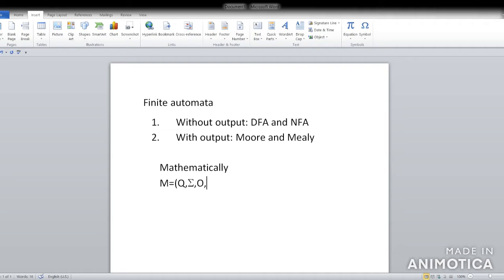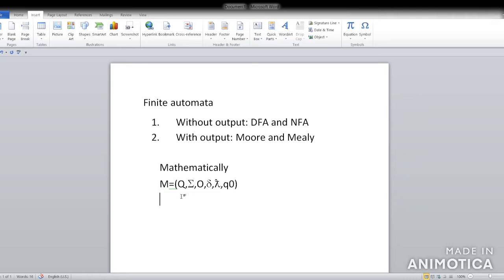Then next is delta, that is the transition function, or we can say it is a state transition function, and then lambda, we can say it is a machine function, and finally q0, which is initial state. So I'll just explain the new terms here, which we have not studied before, right?